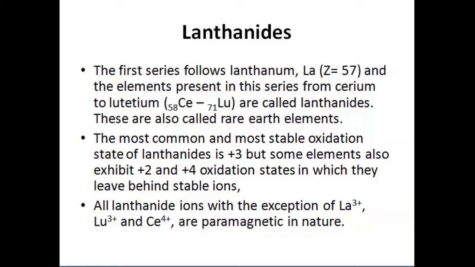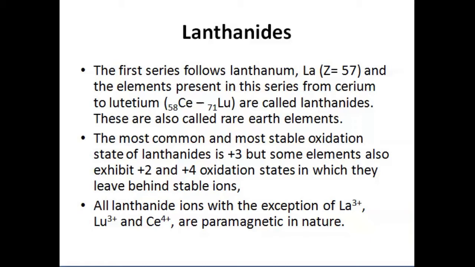Lanthanides, the first series will follow lanthanum, and the elements present in this series from cerium to lutetium we call it as lanthanides, and these are all called as rare earth elements.